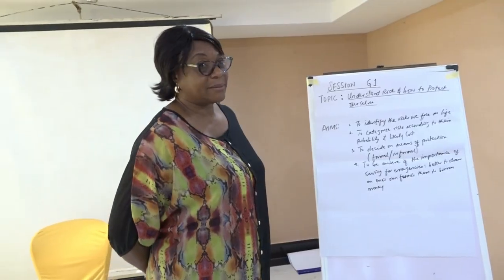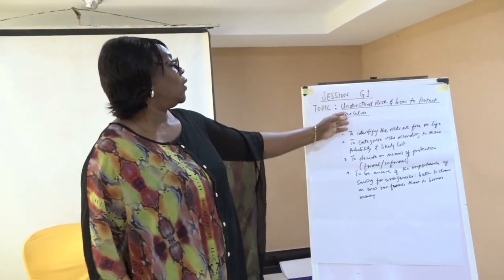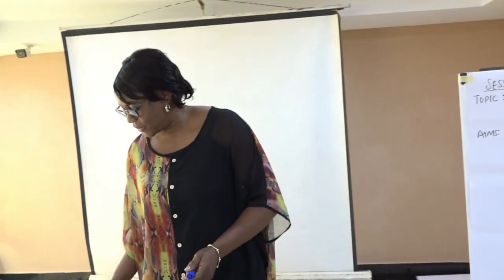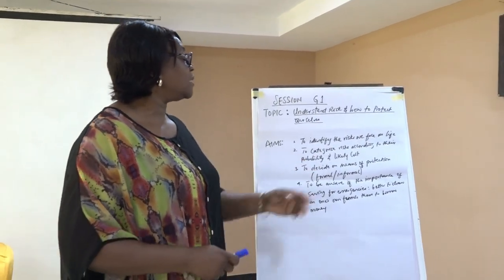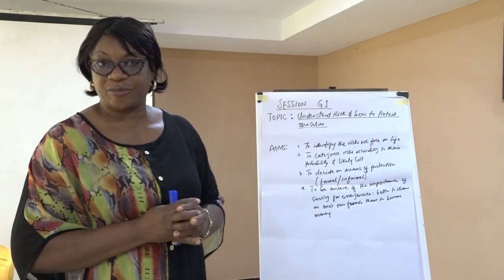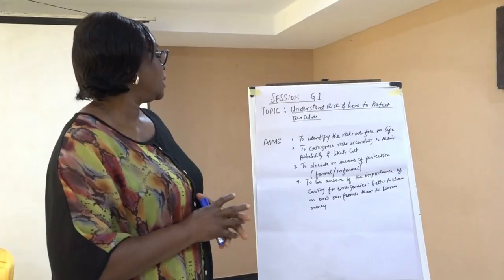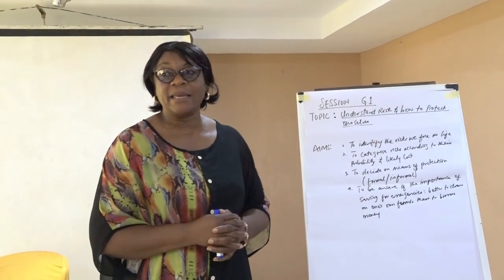Section G1, titled Understand Risks and How to Protect Ourselves. The aim of this session is for us to identify the risks we face in life, categorize risks according to their probability and likely cost.